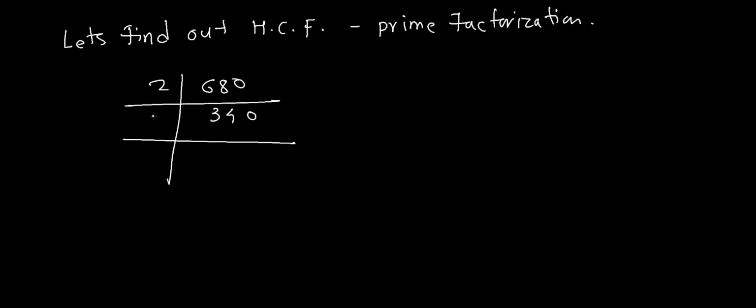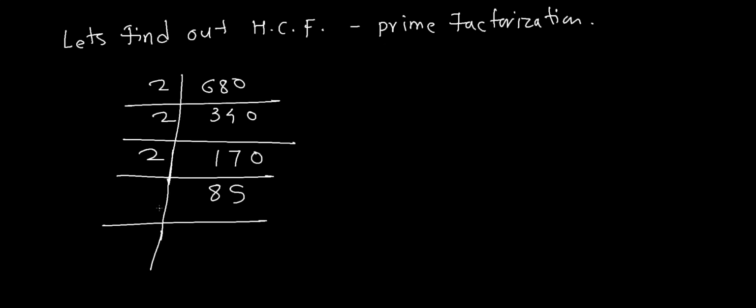First is 680, and we are going to divide by 2. 340, 2 twos are 680. Then 170, 2 into 2 is 340. Then 85, 2 fives are 170.